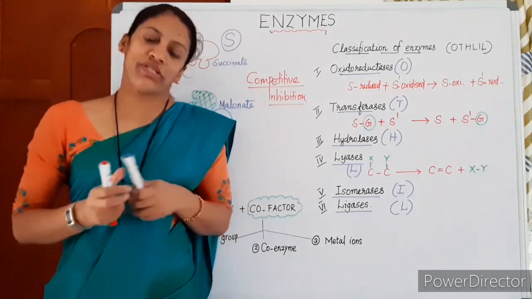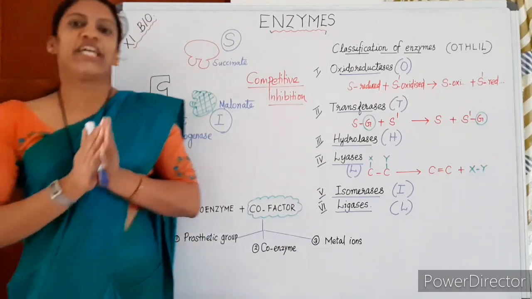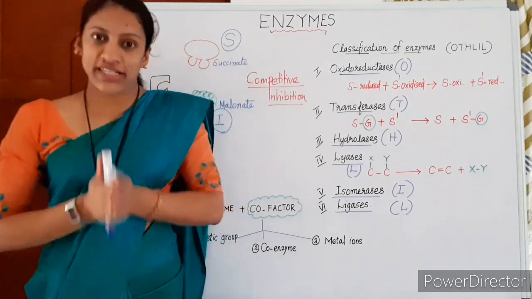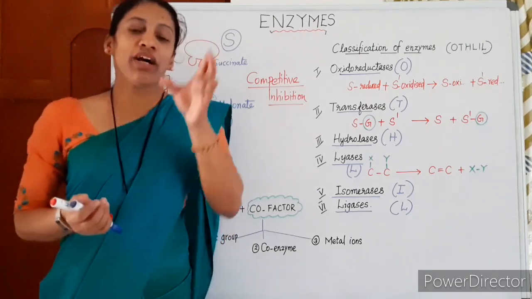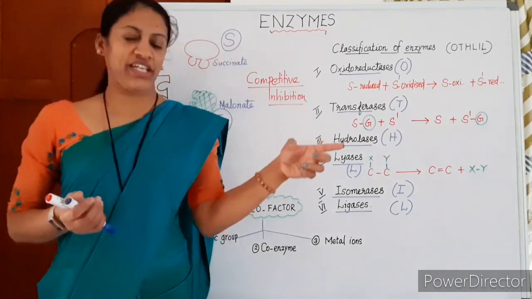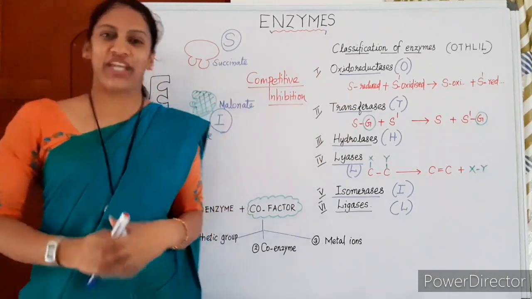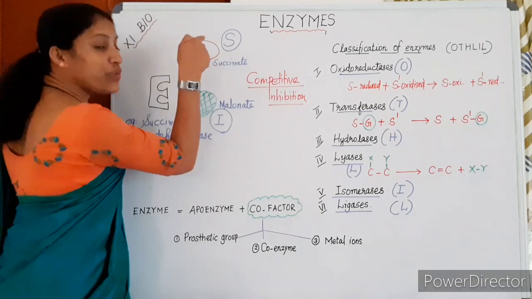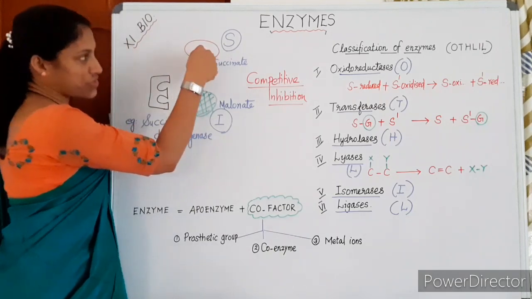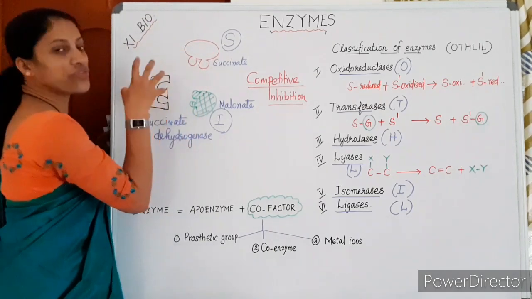This type of enzyme action inhibition is known as competitive inhibition. Tell me, what is competitive inhibition? It's a type of inhibition of enzyme action in which the inhibitor competes with the substrate for the active sites of the enzyme. Understand? Here the inhibitor competes with the substrate for the active sites of the enzyme.